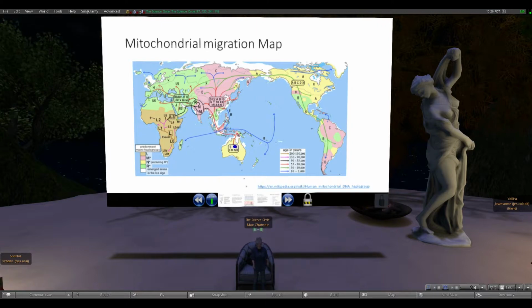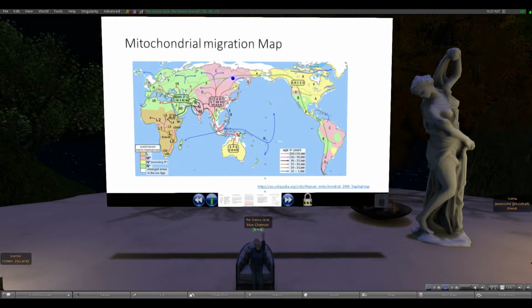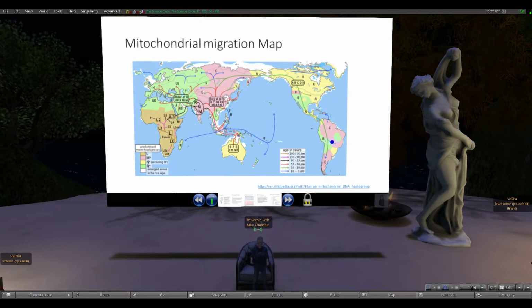And they all migrated out to other parts of the world. And some of the eastern haplogroups, the A, B, C, D haplogroups, migrated across what was the Bering Land Bridge into the New World in the Americas. And so a lot of Native Americans and their Hispanic descendants are haplogroups A, B, C, or D.